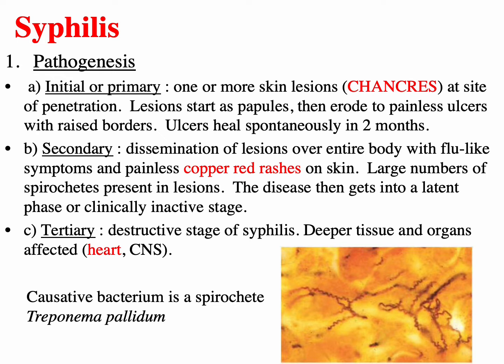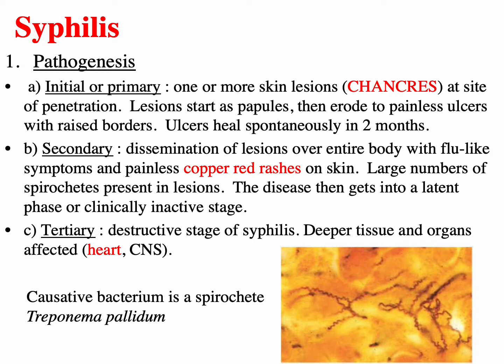This copper red rash is painless as well. It doesn't have any pain. With a large amount of spirochete present in these lesions, the disease then goes into another latent stage, or clinically inactive stage. So the rash will go away and the person seems to have recovered from it.